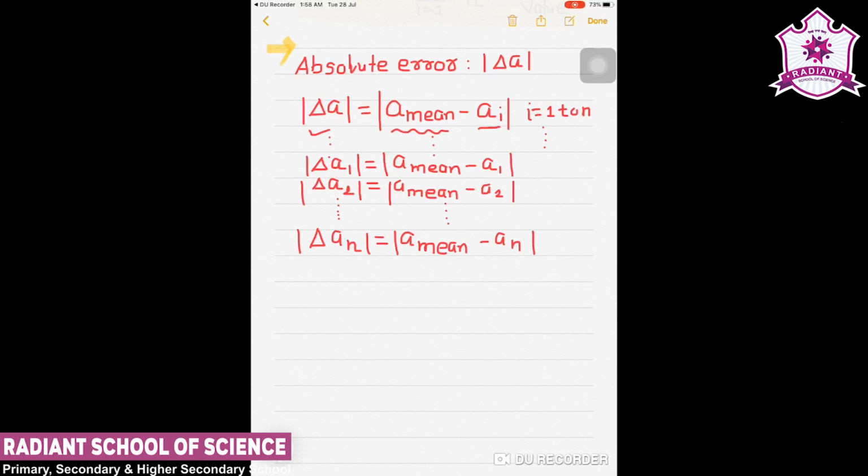Now what will be the next step? Here we have already taken one mean value. Now we will take the difference of this mean value.